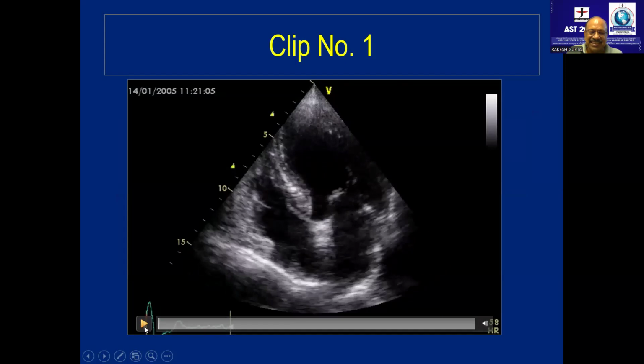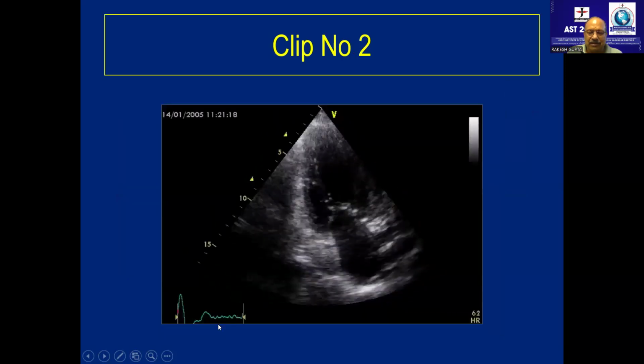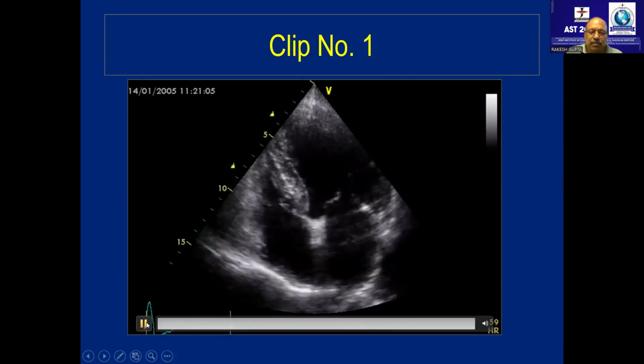Okay, I'll do that. Look, freeze this frame during diastole. The mitral valve is open, just opened up.